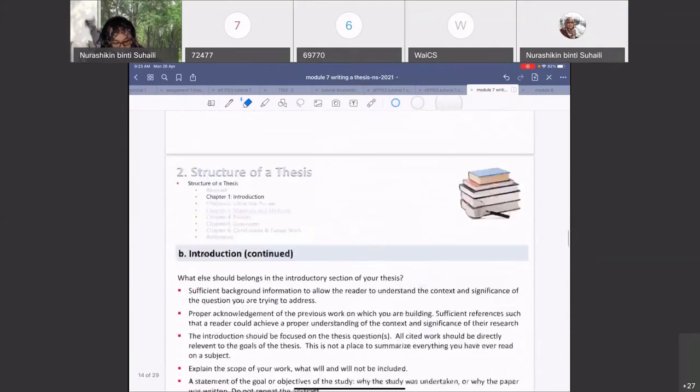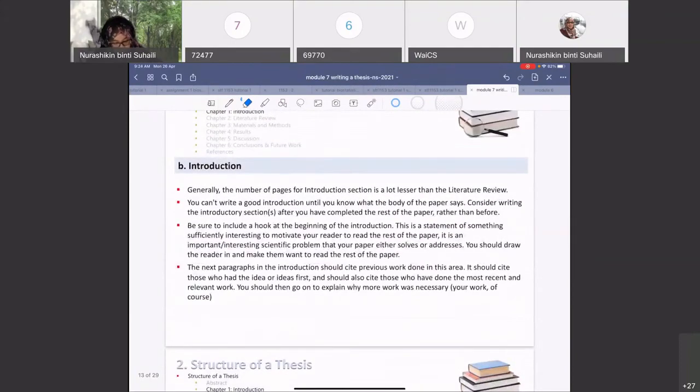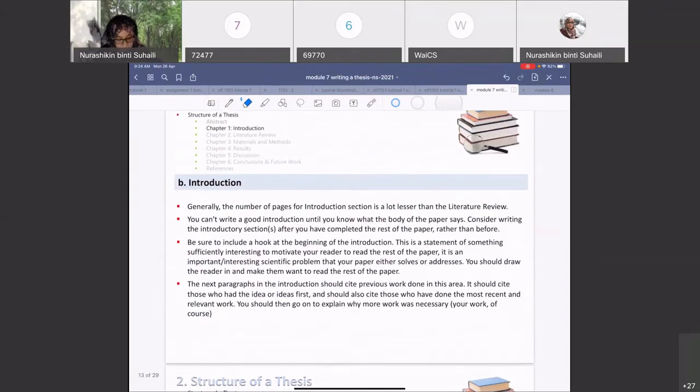The second section is the introduction. Introduction is quite similar to the proposal, so I don't have to elaborate too much here. Normally in the first one or two paragraphs, you should put the background of your research.